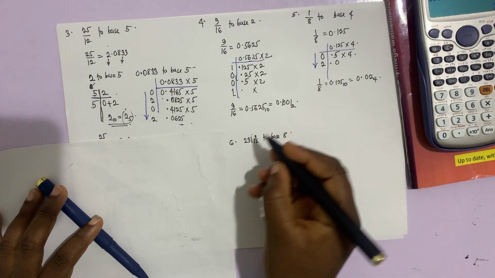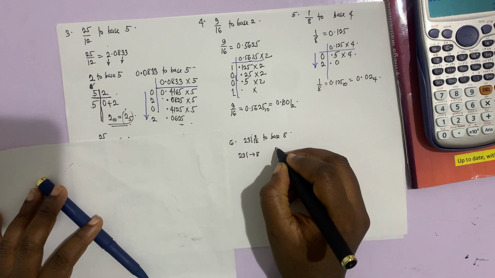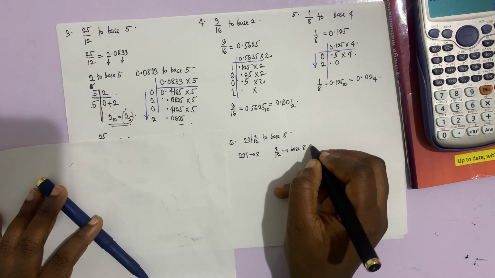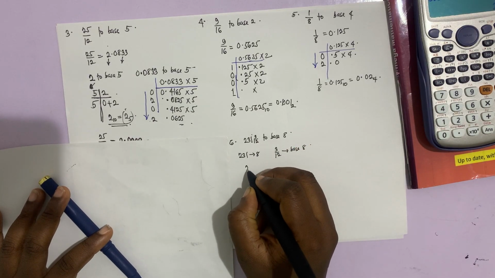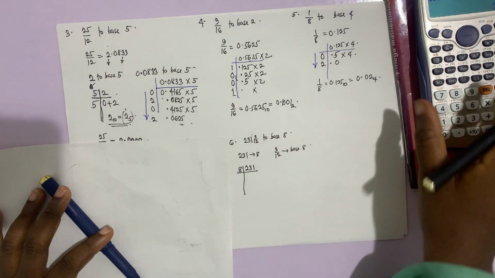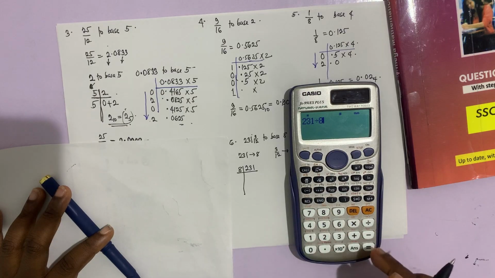231 whole number, 3/12 to base 8. So we separate it. 231 to base 8. We'll do that separately, and then we do the fraction part separately. 231 to base 8, you continuously divide by 8. So we have 231 divided by 8.